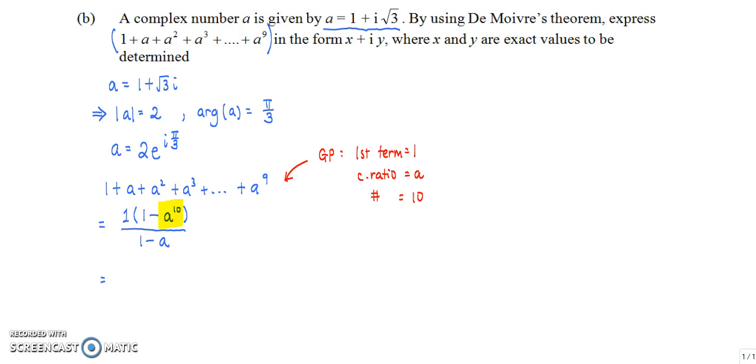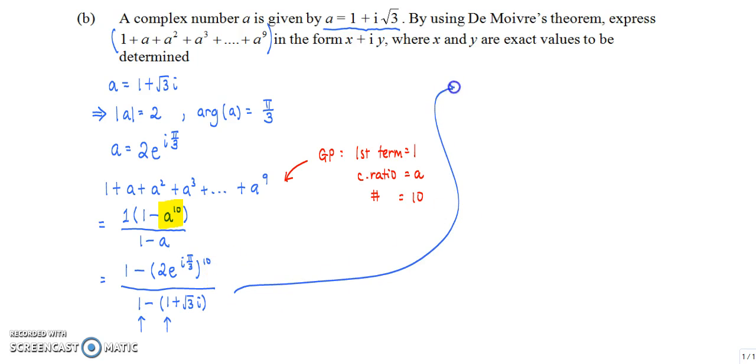Let's perform the substitutions. We get 1 minus 2e to the power of i times pi over 3 raised to power 10, divided by 1 minus a, and for this a we shall use back the Cartesian form. One reason is that the 1 and the 1 will cancel, which makes our manipulation simple.